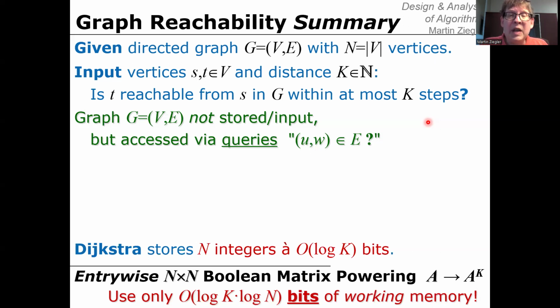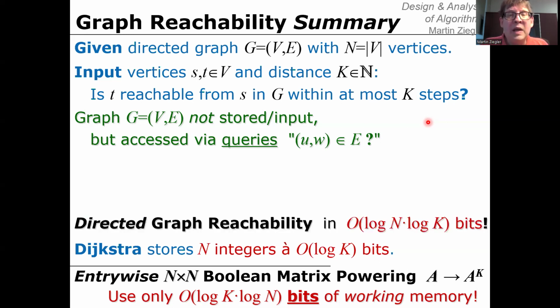And more generally, the kth power of the adjacency matrix captures whether and which vertices can be reached within k steps, or at most k steps, if we consider the graph to have self loops, or equivalently, if you consider the adjacency matrix to have ones on its diagonal. So by simply applying the algorithm for memory-efficient Boolean matrix powering, we arrive at a similar algorithm with similar memory consumption for deciding the directed graph reachability problem. Comes basically for free.